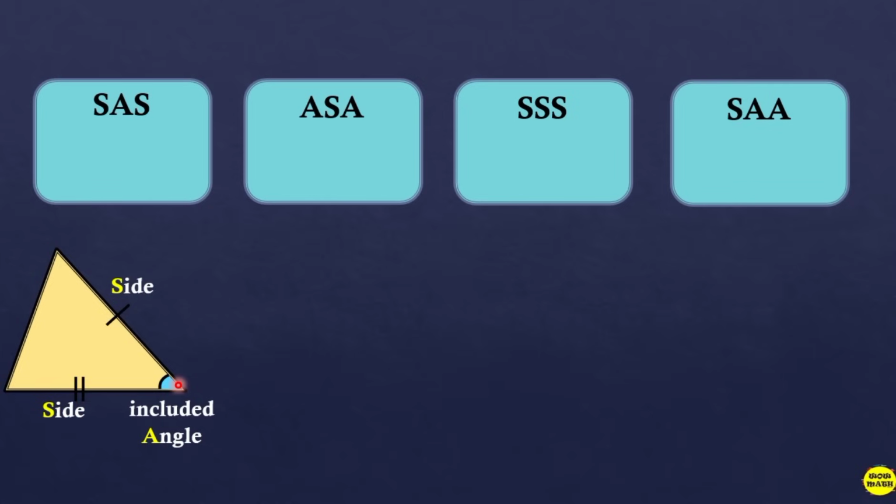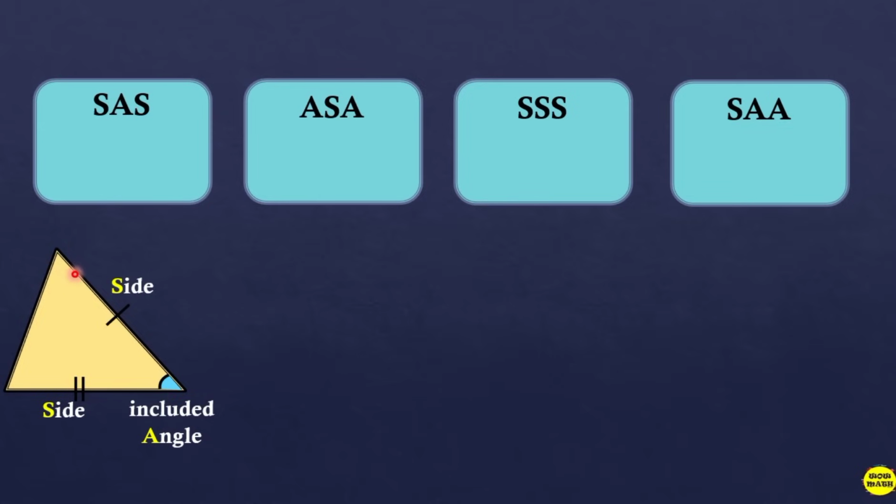Now, bakit hindi pwedeng angle lang? So, bakit included angle? Kung mapapansin ninyo, dito mismo malalaman ninyo, the A here is included angle. Why? Kasi nasa gitna siya ng dalawang side. So, pwede ba to? Hindi po.